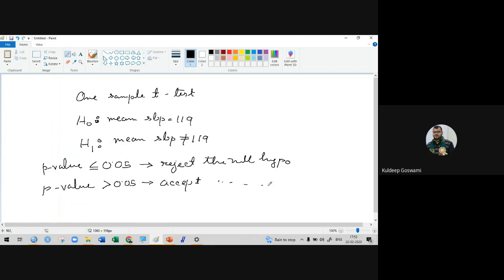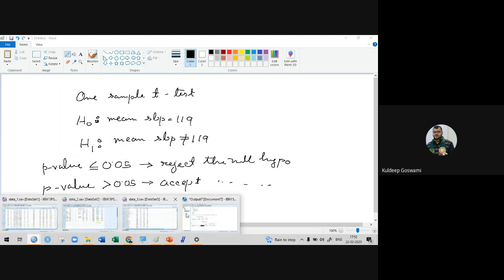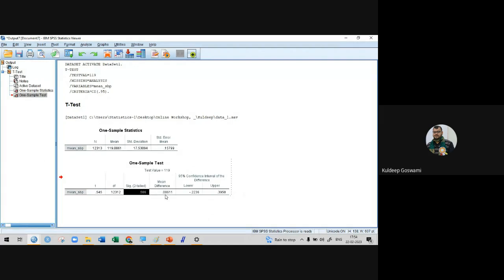In this case, what happened? We get a p-value of 0.586, which means it is greater than 0.05.